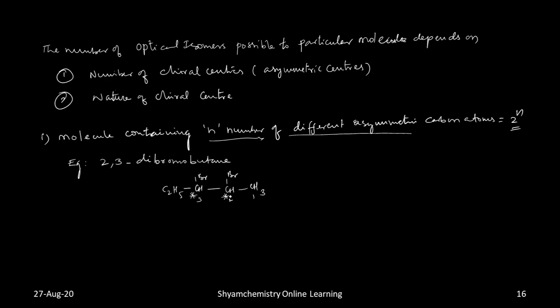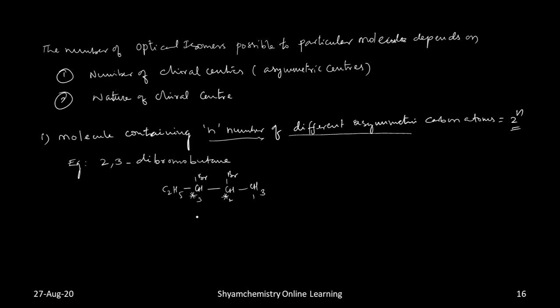So these two carbons are not similar. Here this carbon has C2H5, here this carbon has CH3. These two groups are different, therefore these two asymmetric carbons are not similar. For molecules of this type, which have n different asymmetric carbon atoms, there are 2 to the power of n optical isomers.